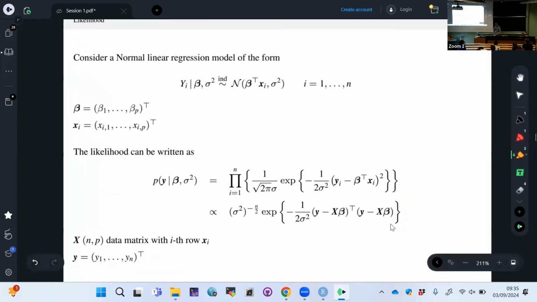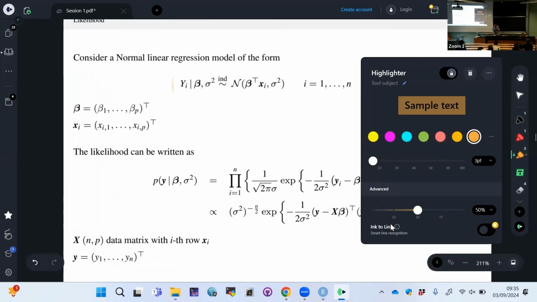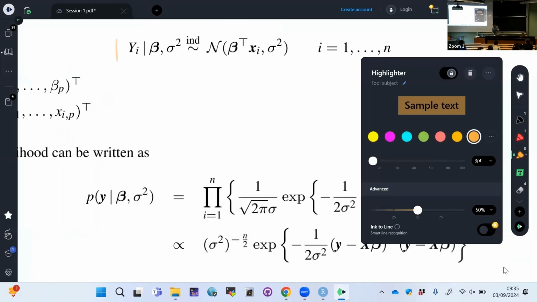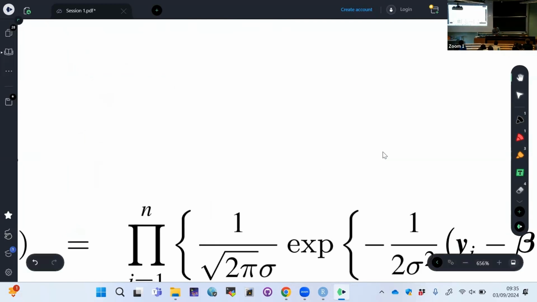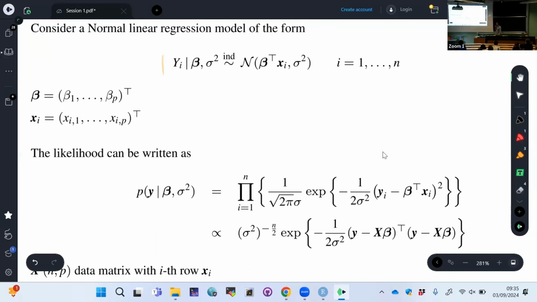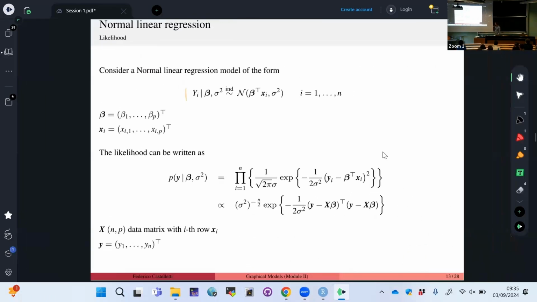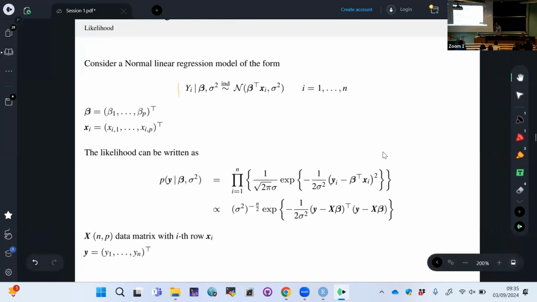We can specify a normal linear regression model by assuming that y_i, which is our response variable, given the parameters beta and sigma squared, are independent and normally distributed with mean given by the linear predictor, beta prime x_i, and conditional variance sigma squared.